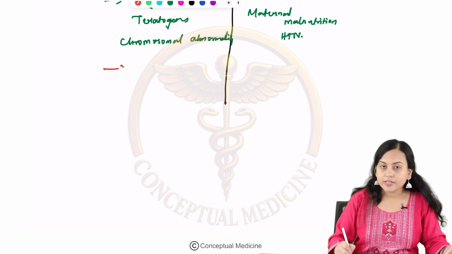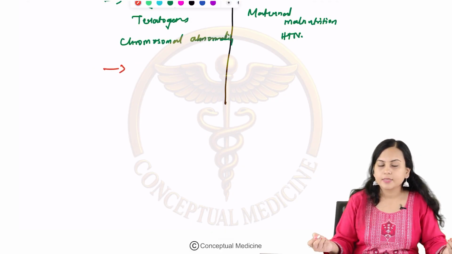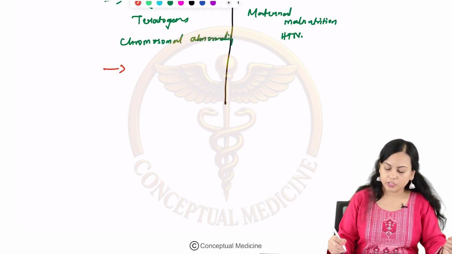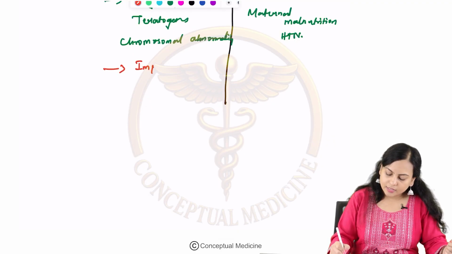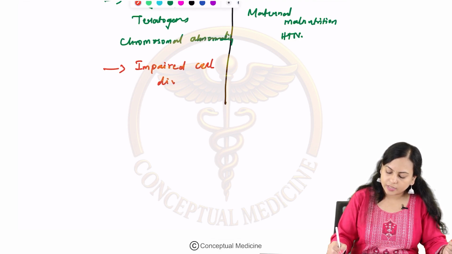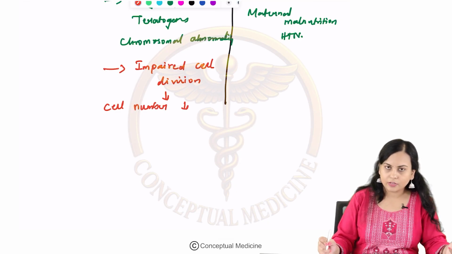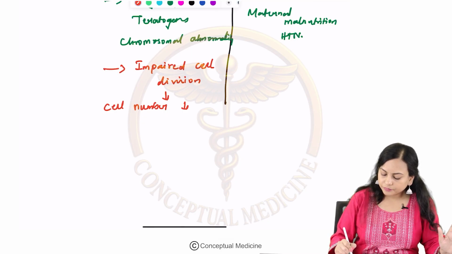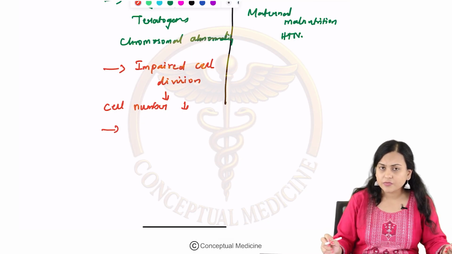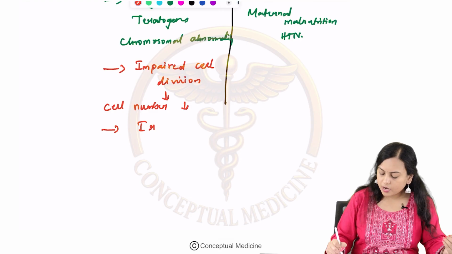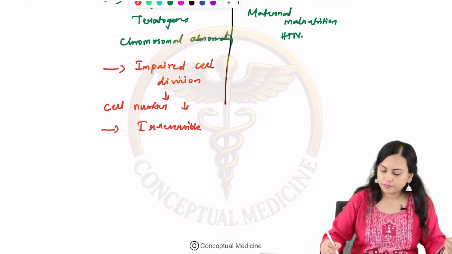Okay. So next one, why does this symmetrical IUGR happen? What is the pathology? See, there is impaired cell division in symmetrical IUGR. So what happens is, obviously the number of cells, that is the cell number, is reduced. Okay. And remember, when it happens in this way, this is going to be an irreversible type of IUGR. Clear?